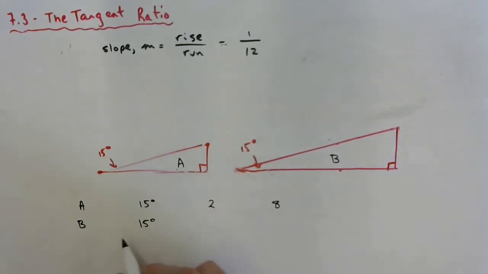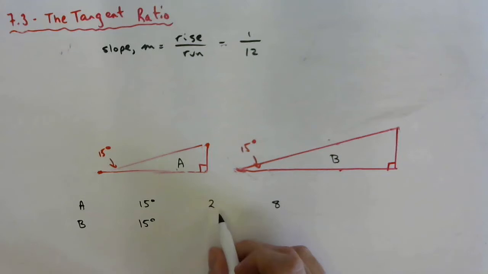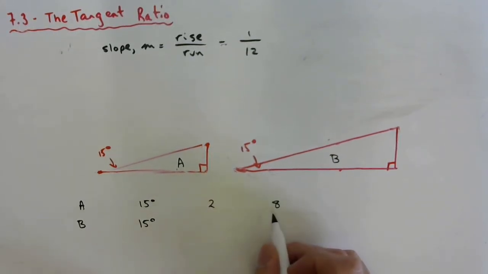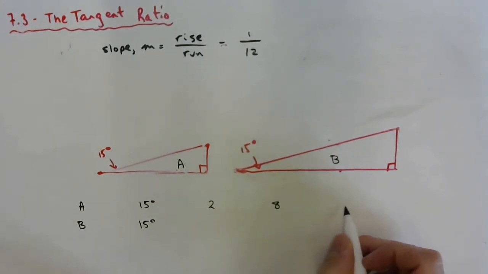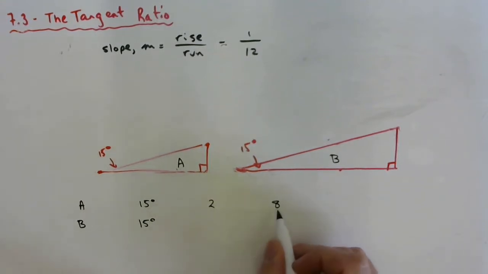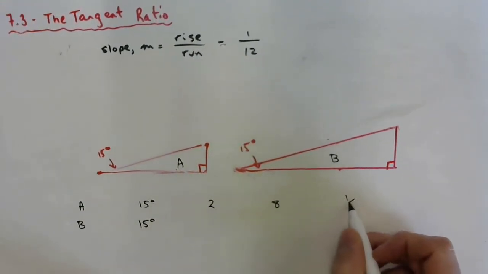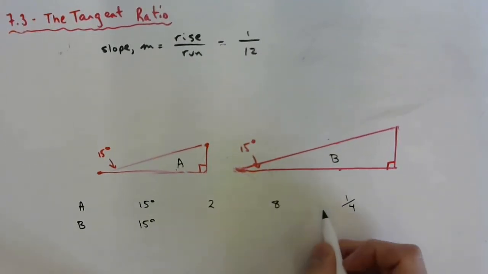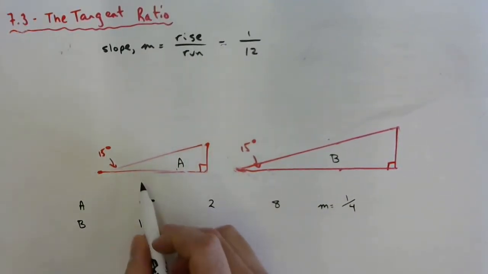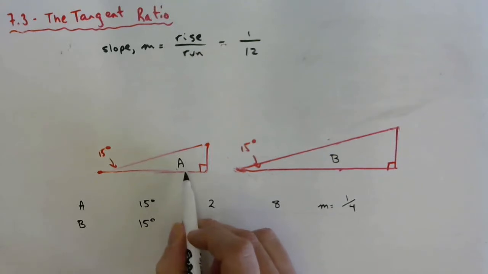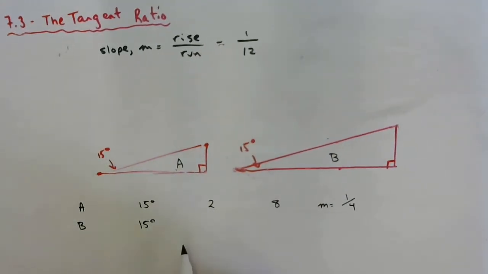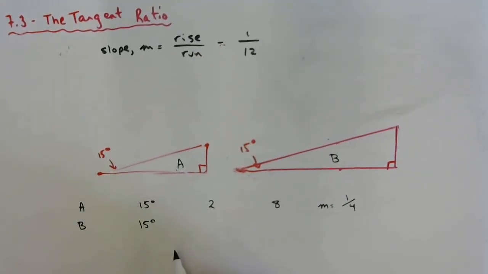So, okay, I've got a rise of 2 and a run of 8. So what is my slope? Rise over run. 1/4. Okay, don't mix them up just because you like putting the bigger number on top. Please don't do that. So for triangle A, the slope is 1/4. What do you think I'm going to get for the slope of triangle B?